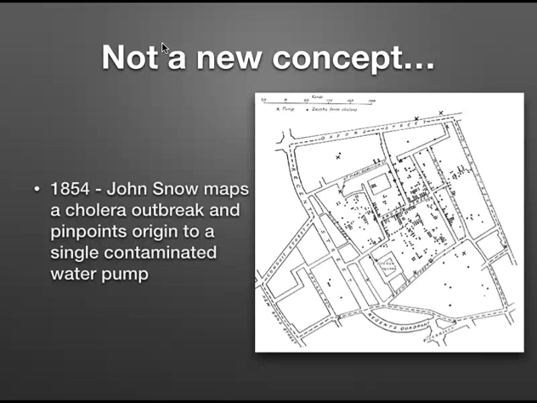Analyzing this information, you can see in the middle of the map there on Broad Street, he was able to pinpoint a single contaminated well that caused this outbreak. This had not been done before, or at this type of scale, to apply to this kind of problem. GIS people and cartographers like to bring this up as a good example of using maps to analyze information.